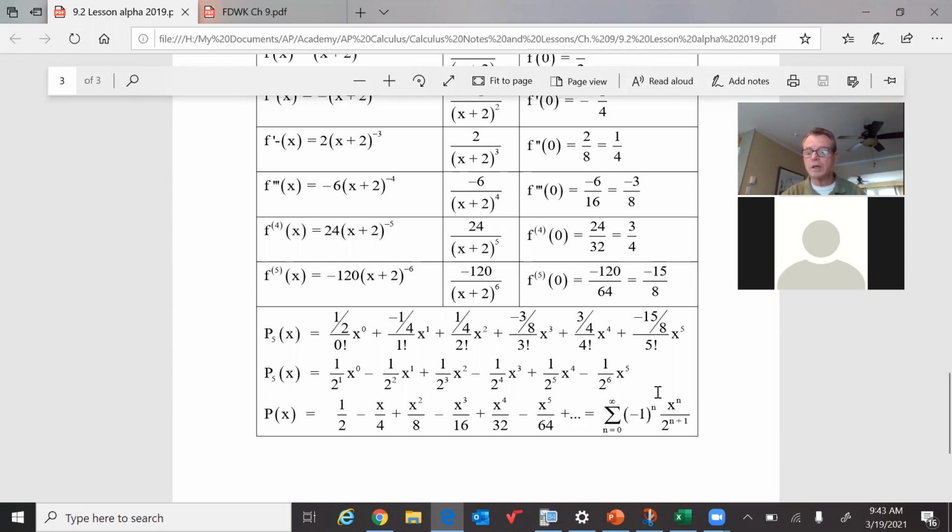So that's 1 times what? Denominator is 2 to the n plus 1. 0 plus 1 is 1. So I have 1/2 x to the 0. So that's how we interpret the general term. And if you see what's happening, the denominators are powers of 2. And the x's are just arithmetic.